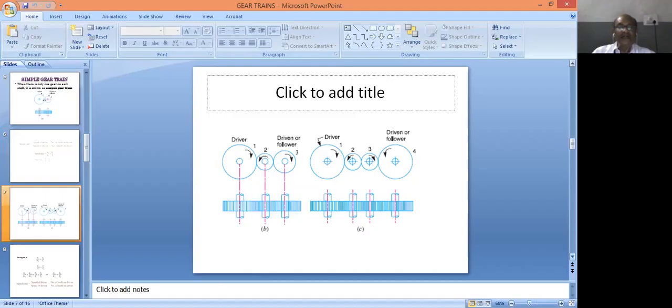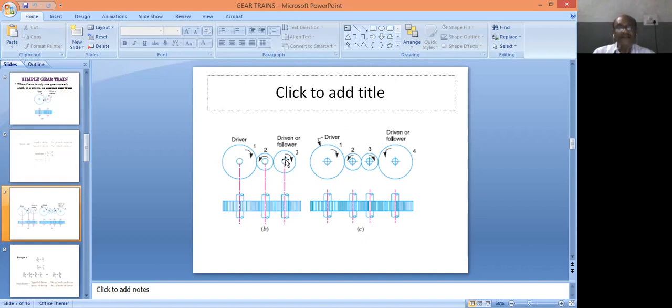Now look at diagrams B and C. If there is a large gap or large distance between the driver gear and the follower gear, there are two ways to solve this problem. One, we can accommodate a larger gear in between the two gears to bridge the gap between 1 and 3.